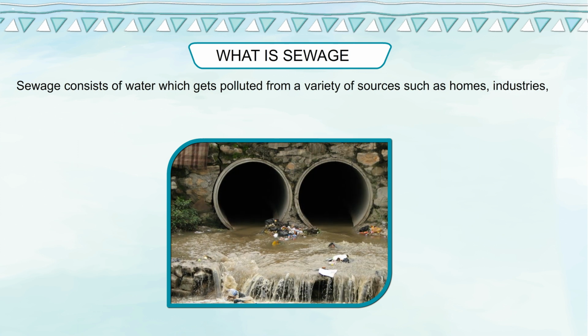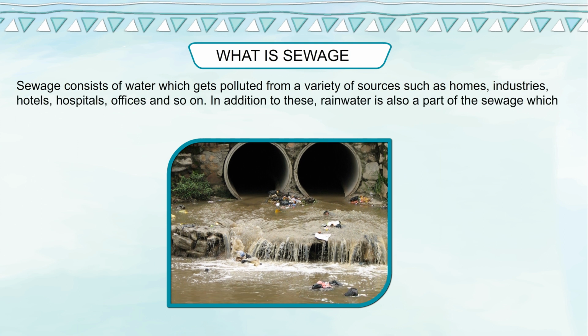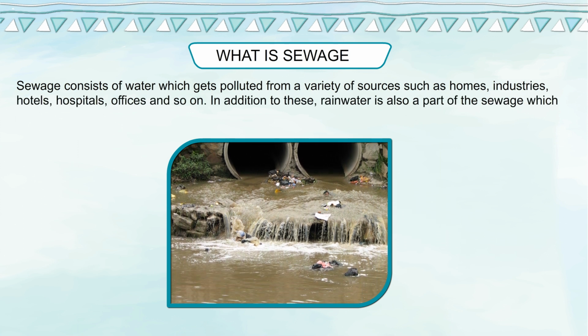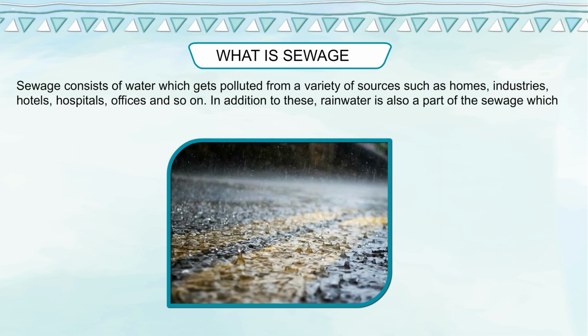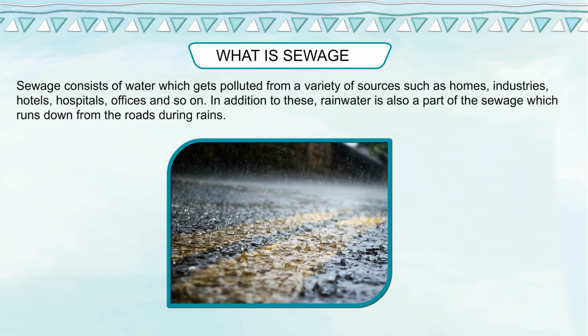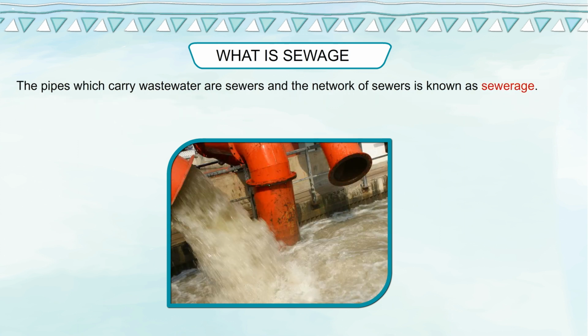Sewage consists of water which gets polluted from a variety of sources such as homes, industries, hotels, hospitals, offices, and so on. In addition to these, rainwater is also a part of the sewage which runs down from the roads during rains. The pipes which carry wastewater are sewers, and the network of sewers is known as sewerage.